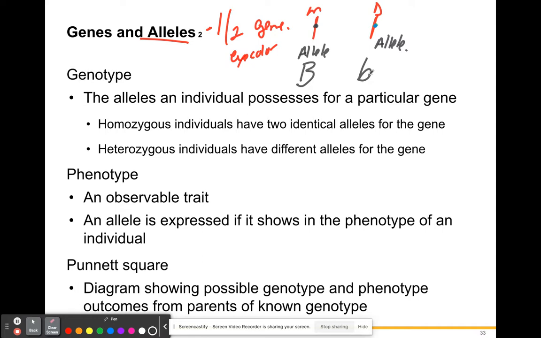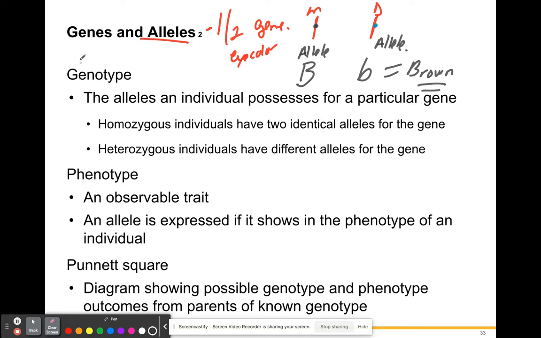Capital B is dominant, lowercase b is recessive, and whatever is dominant always wins, so this person will have brown eyes. Even though they have an allele for blue eyes, they're not going to have blue eyes because this other allele that their mom gave them is dominant, which is going to result in them having brown eyes.